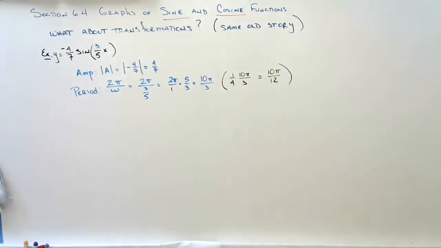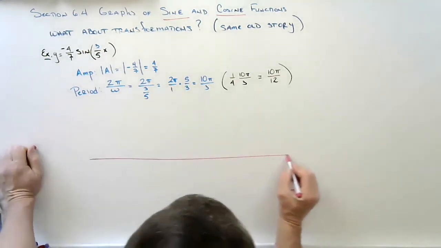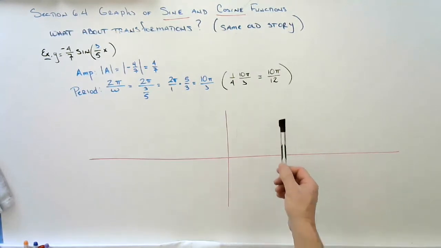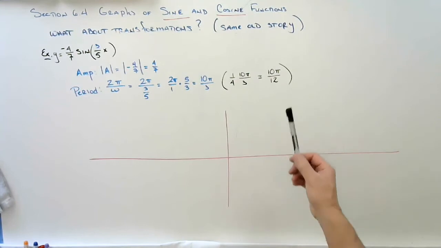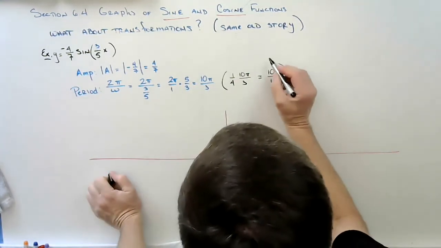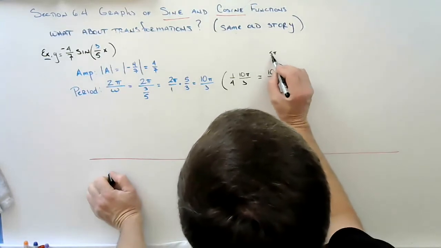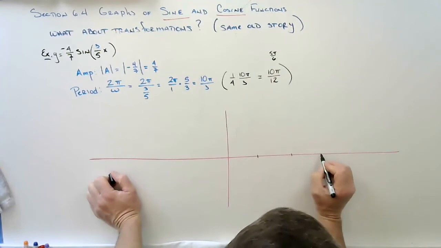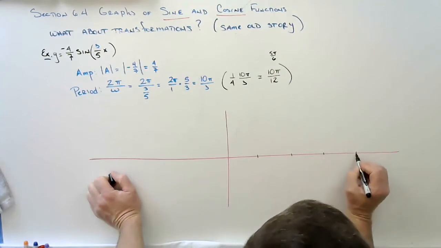Now, what do we do from here? We draw our x-axis. There's no reason to hyperventilate. We just draw our x-axis. Now, I told you, count by these. Okay. Now you can reduce that, right? That's 5 pi over 6, isn't it? So we need 4 dots. 1, 2, 3, 4.